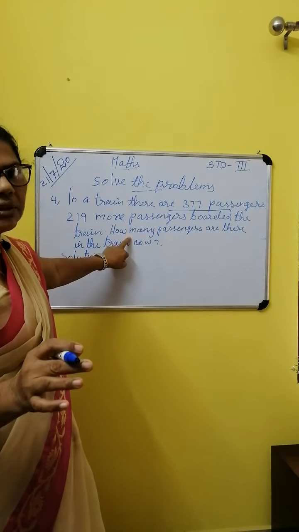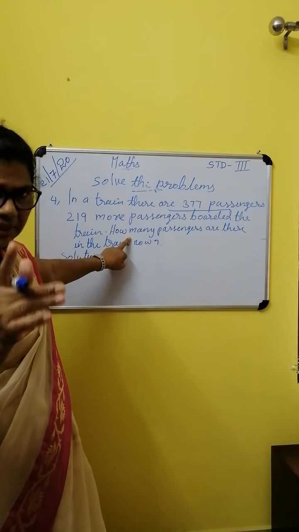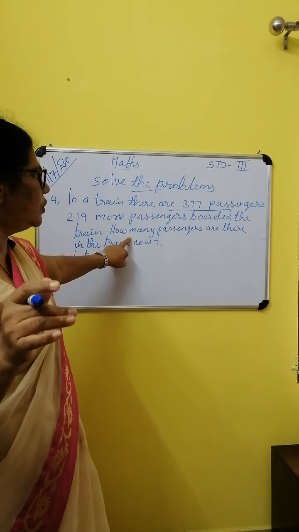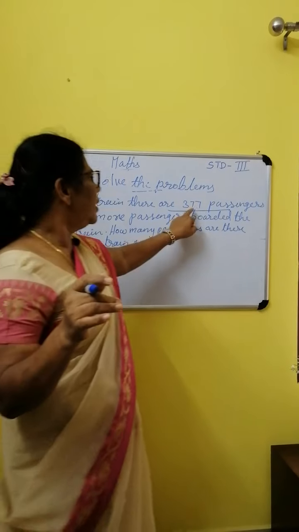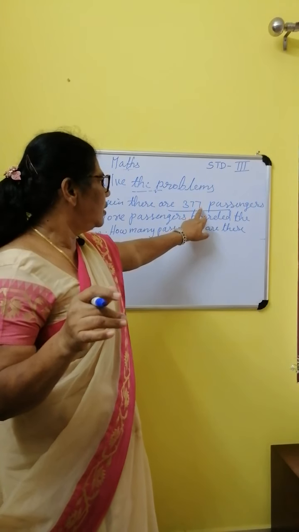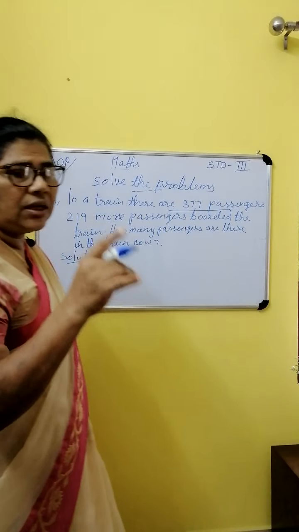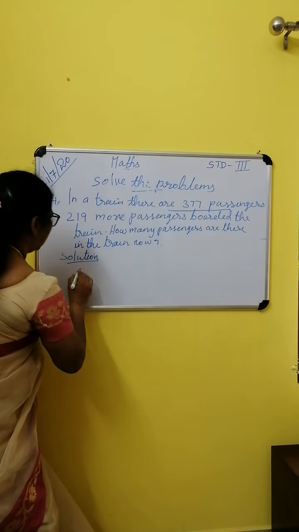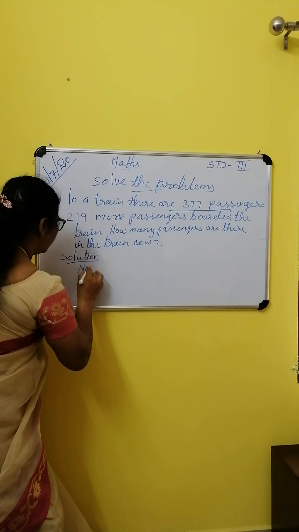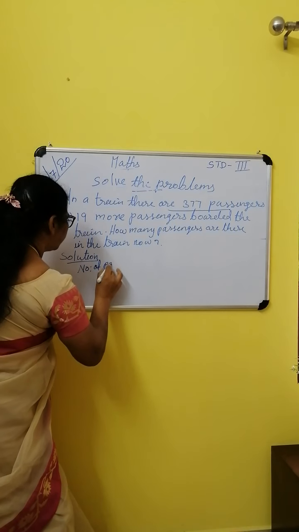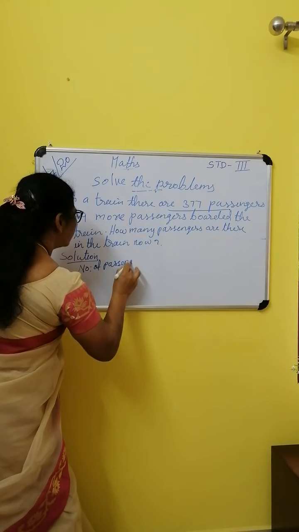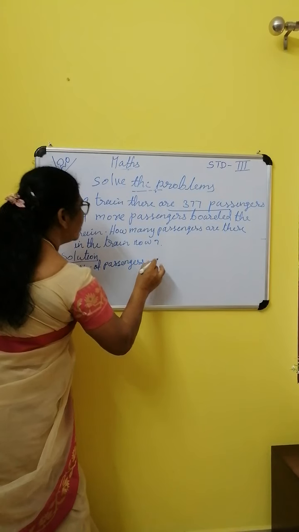How many means addition. That also you keep in your mind. Here, one step we can make from this part: 377 passengers. That you write, number of passengers, how many?